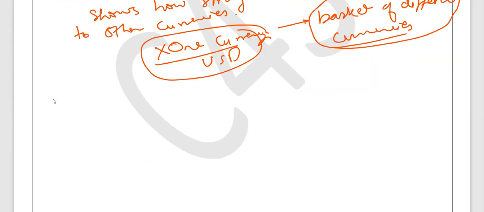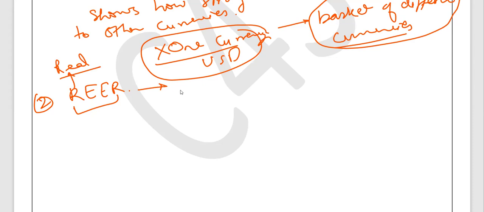So next term related to NEER is REER. It is similar to NEER, but here R stands for real. That means it takes inflation into consideration.